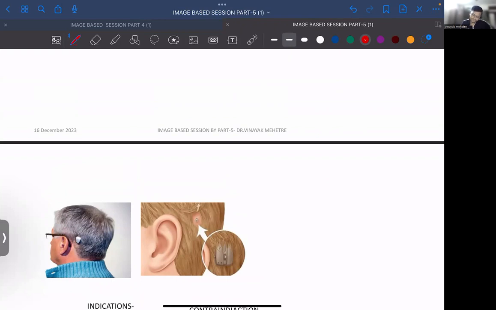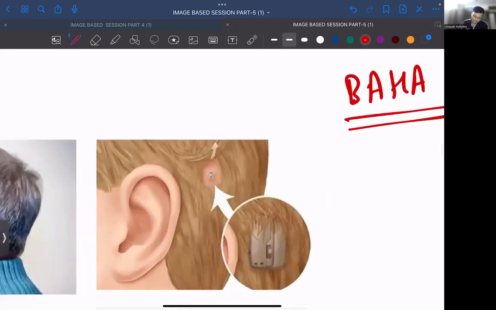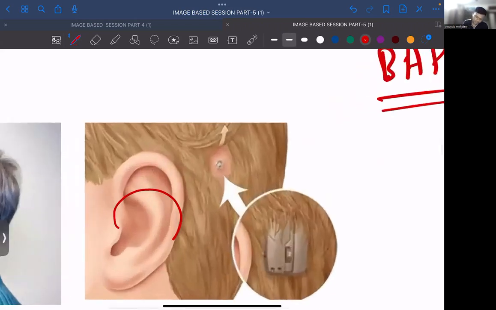What is this? An instrument which is attached without wire. No wire going inside the canal is called BAHA, bone anchored hearing aid. Where will we use it? One is in front of you, there is no hole in the ear.